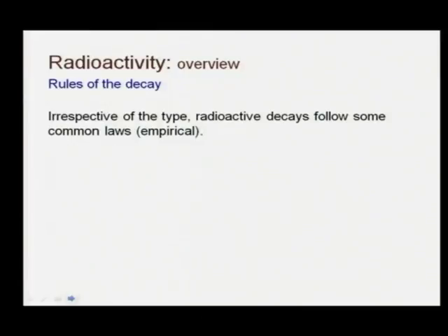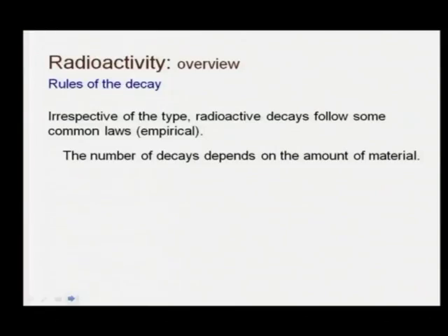For example, whether it is alpha decay, beta decay or gamma decay, some of the basic rules that the decay process follows are independent of what type of radiation is emitted.